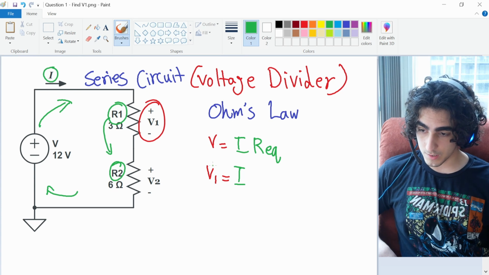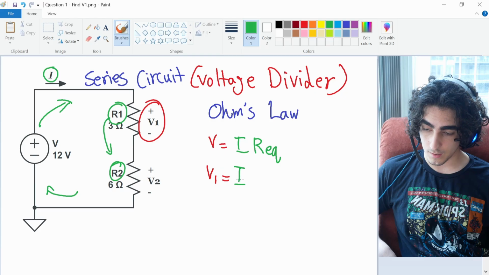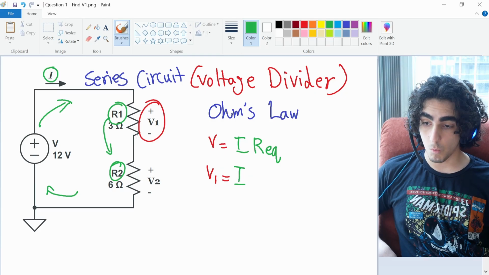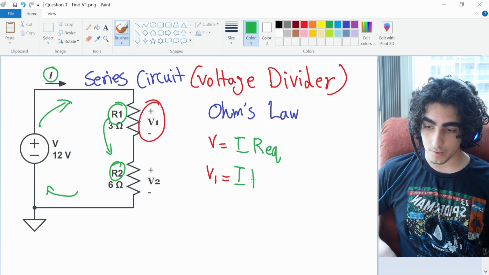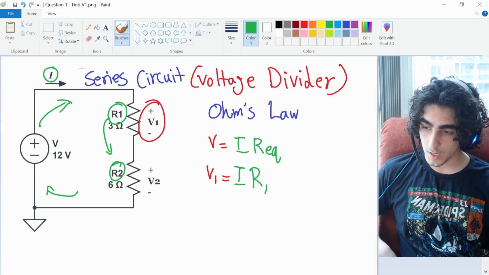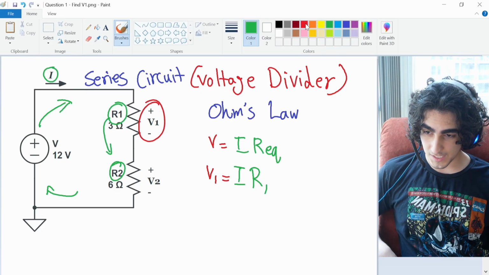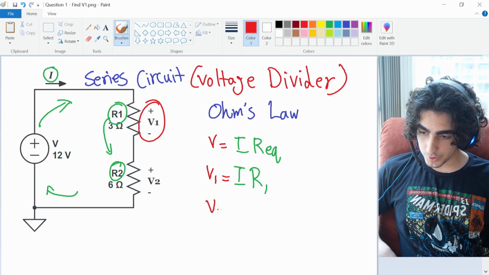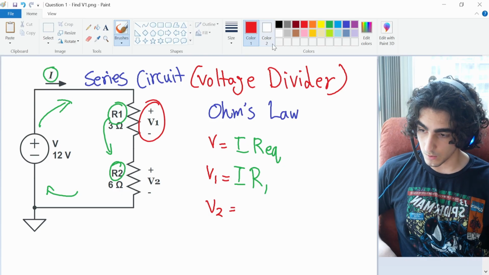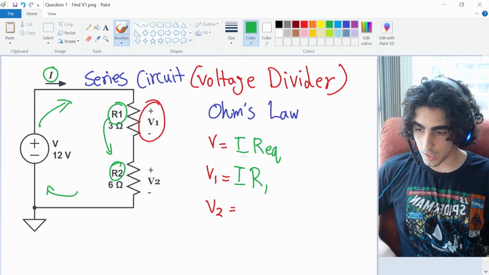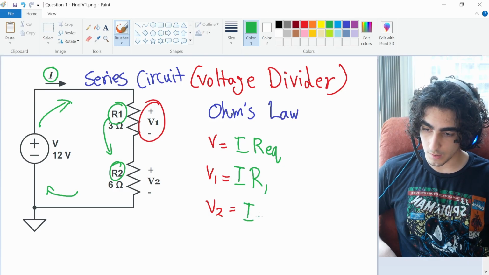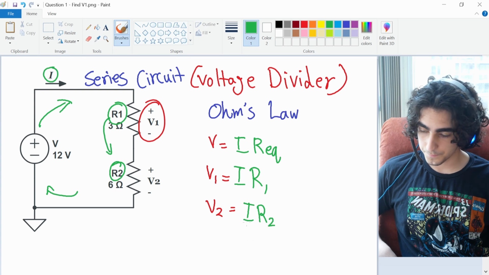So V1 is still going to equal current times R1. It's not going to be R equivalent, it's just going to be R1 because we only care about the voltage drop across resistor 1. And we can apply the same exact logic to voltage drop 2, V2, and say that it is equal to the current times resistor 2.